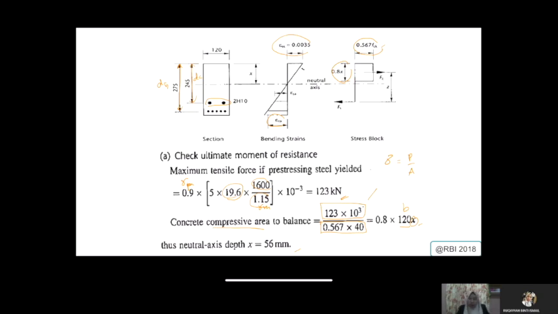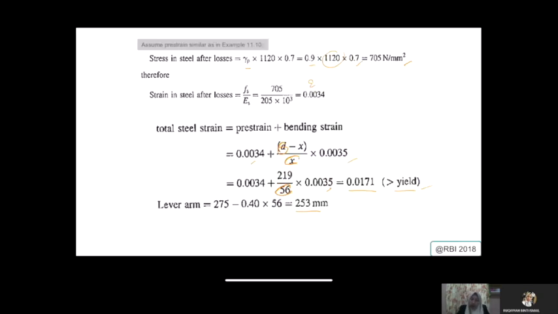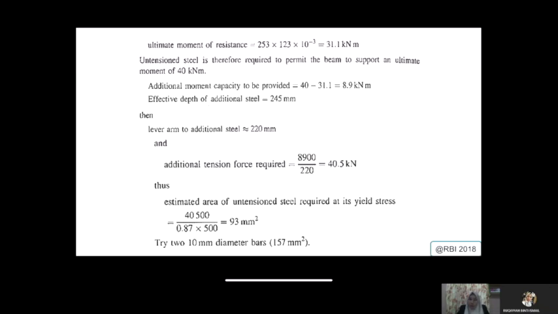Then the question I will be asked by students is how to know the position of the reinforcement to provide.